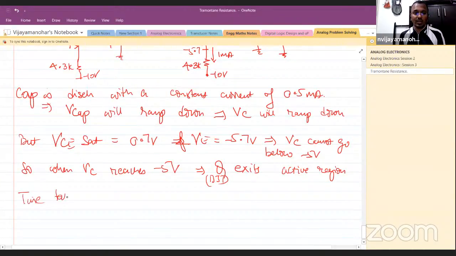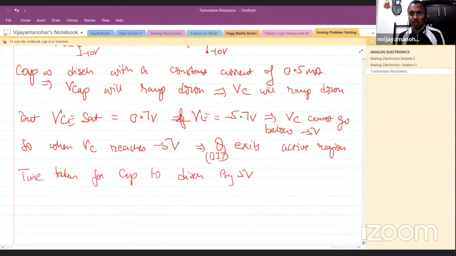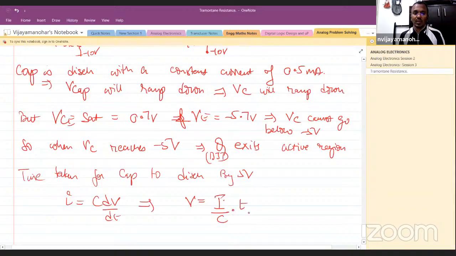So effectively we need to find the time taken for the capacitor to discharge by 5 volt. So what do we know? I equal to C dV by dt, which implies V equal to I by C times t, if I, C are constants, which is what we are seeing. Current is constant, capacitor is constant.